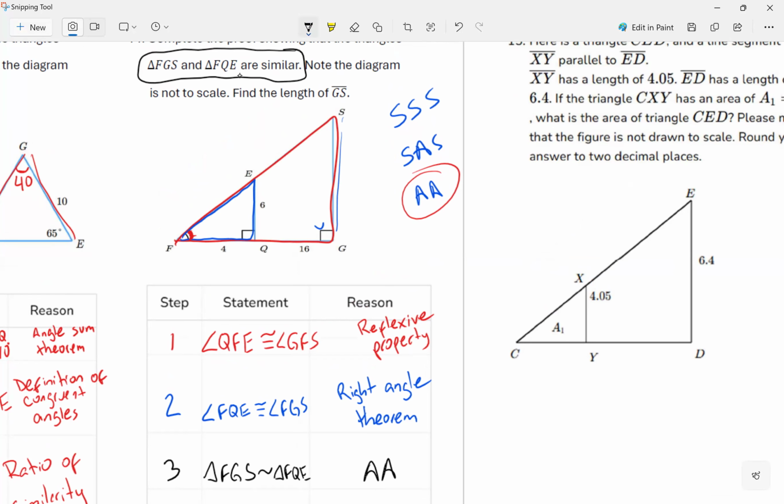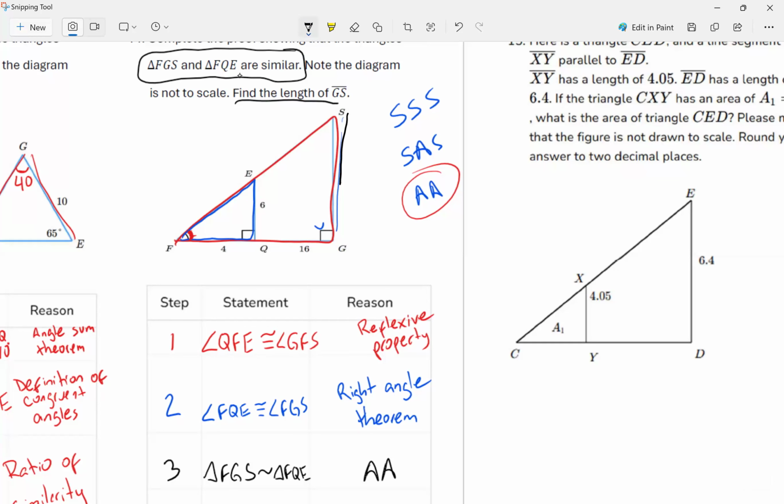Similar means the angles are the same and the sides are proportional. Once you say two triangles are similar, you're already saying the sides are proportional.